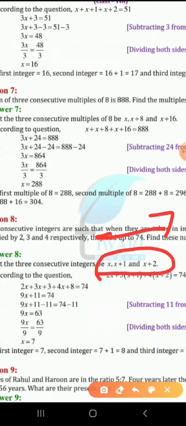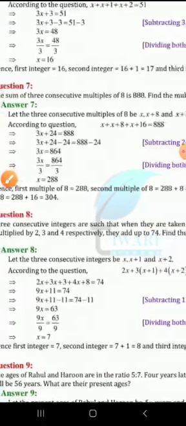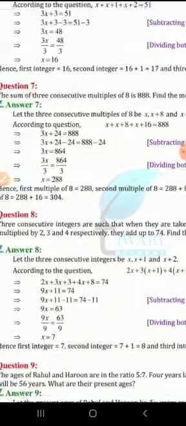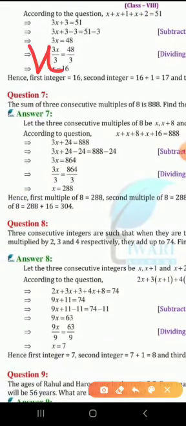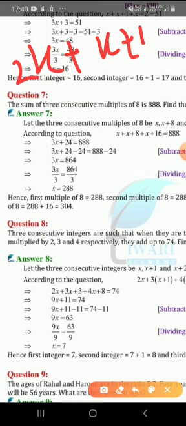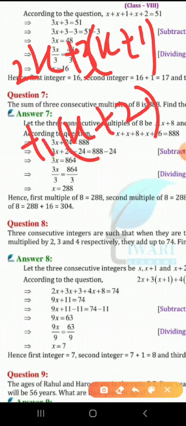In the increasing order, they are being multiplied by 2, 3 and 4. The first integer x is multiplied by 2. The second, x plus 1, is multiplied by 3. The third, x plus 2, is multiplied by 4.